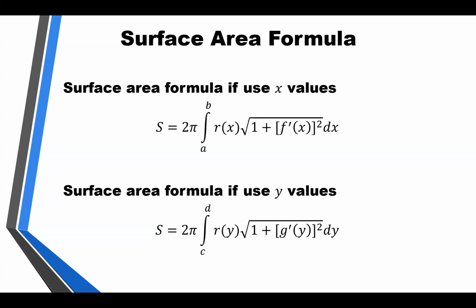So I can sometimes use x values when I rotate around a horizontal line, and I can also sometimes use x values when I rotate around a vertical line. The same thing with y values. I can use y values when I go horizontal line or vertical line rotation. Again, sometimes, depending on how my formulas work out.